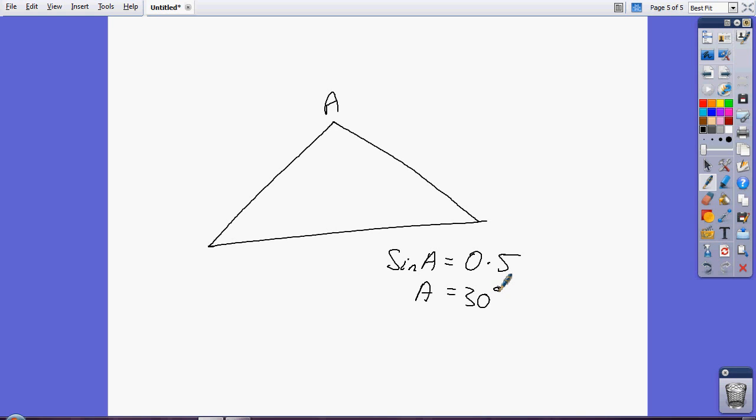But looking at that, it's obvious that that angle is not 30 degrees. It's quite a bit larger than 30 degrees. And the reason for that is that it's bigger than 90 degrees, and therefore we need to give our answer as 180 minus 30 degrees, which equals 150 degrees. So that angle is 150 degrees, because 150 degrees gives us the same sine of 0.5.